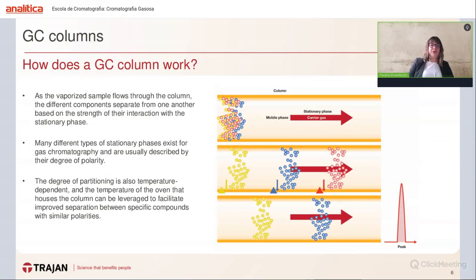So here we've got a diagram of how the GC column works. After the sample is vaporized, it's taken from the injection port onto the column.